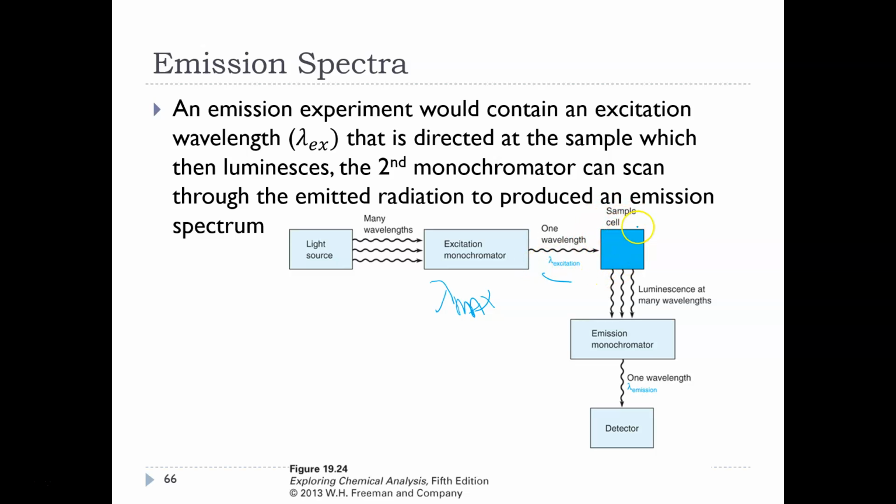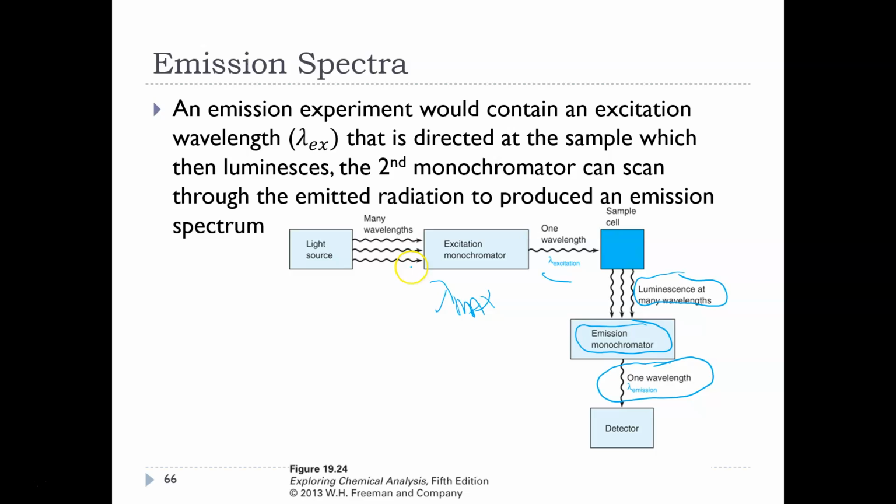Okay. Now, that sample, once it gets excited, it's going to release its own color of light. So luminescence, which will either be fluorescence or phosphorescence, is letting off light. And then we have an emission monochromator, which is just to filter, to make sure that the wavelength of light that we want to measure is in there, in case there's contamination or something. And then it sends just the emission wavelength to the detector.